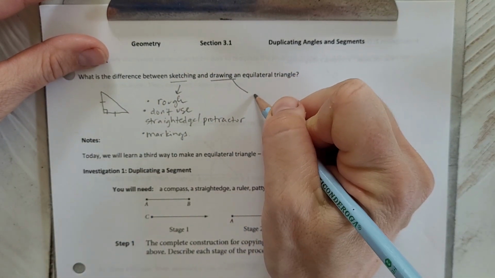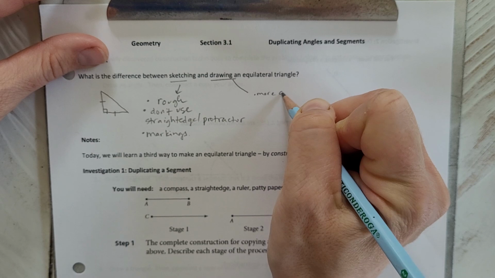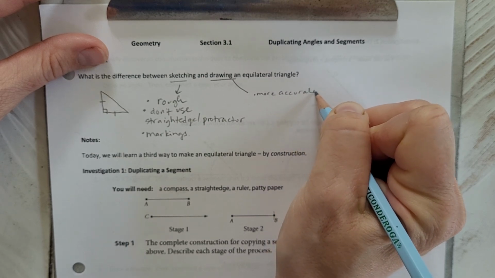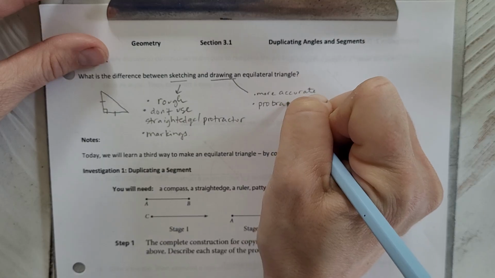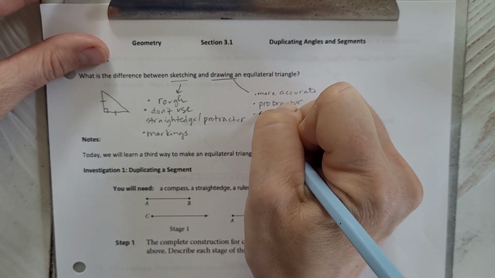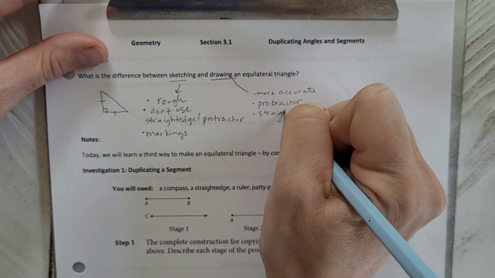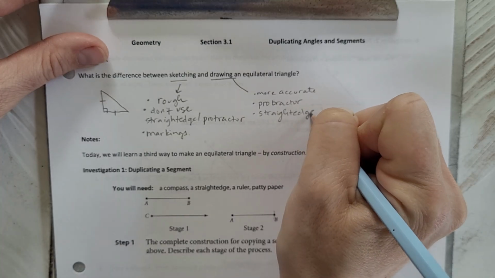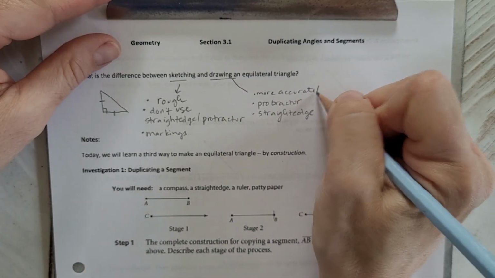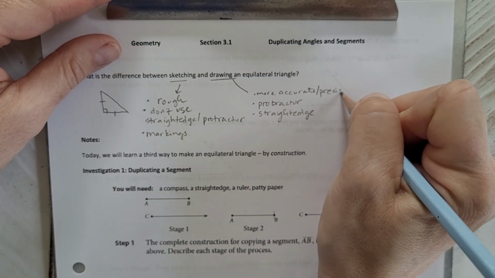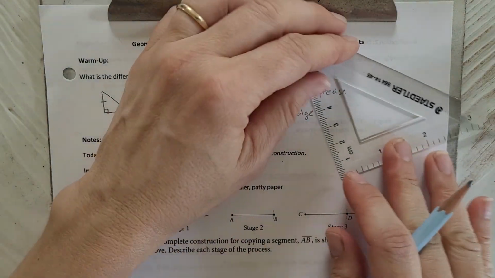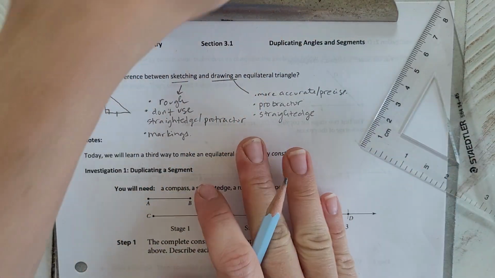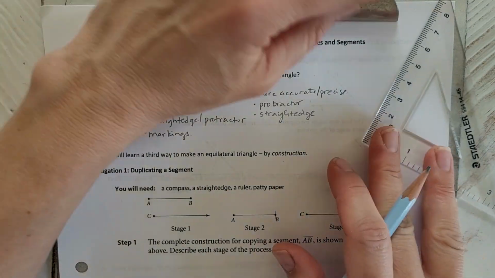But drawing is more accurate. We do use a protractor and a straight edge. And it's just more precise. So if I was going to draw an isosceles right triangle, I would probably use a protractor.